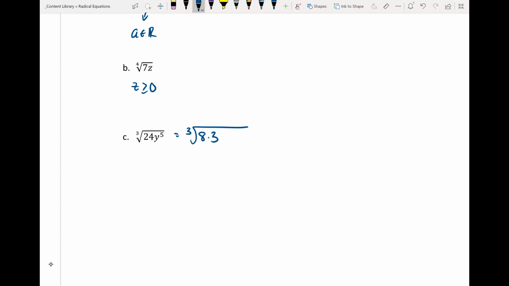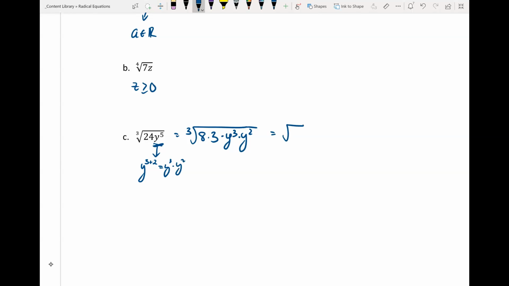Then for y to the power of 5, I'm going to rewrite this into y to the power of 3 multiplied by y to the power of 2. Why? Because I can take the cube root of y to the power of 3 very easily. I just did that by rewriting this y to the power of 5 using our exponent laws, where we can just add our exponents when we are multiplying with the same base.